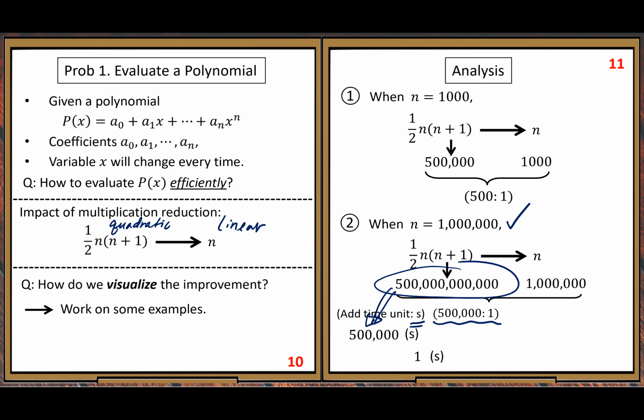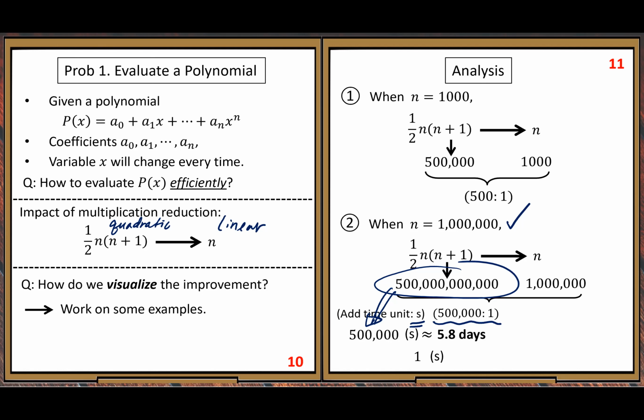And here, based on our assumption, we need 500,000 seconds. How long is that? Let's convert to the number of days so we can see this period better. Approximately 5.8 days.